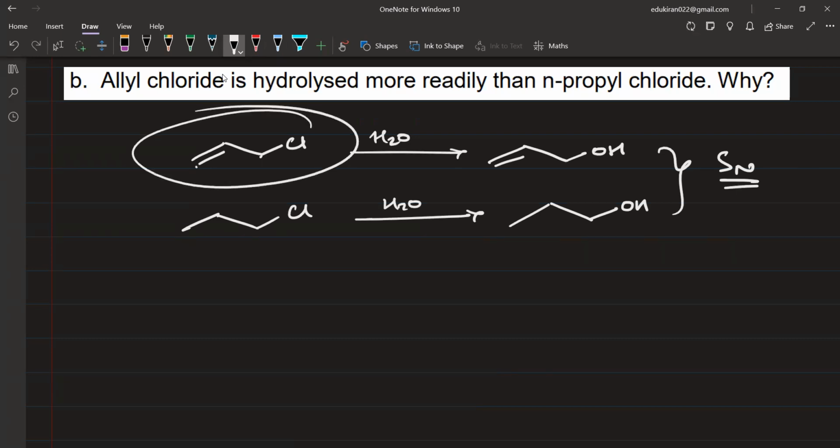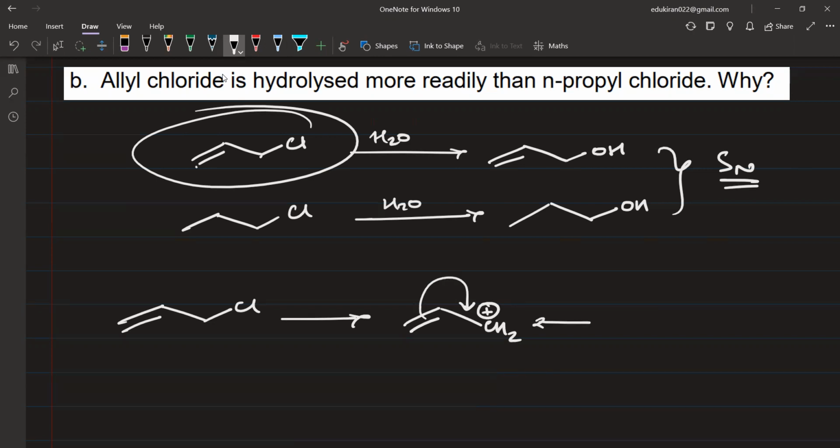Now, if you look at this particular allyl chloride, in SN1, the chlorine will leave, and you will get a positive charge here. This positive charge is going to be resonance stabilized. And since this is resonance stabilized, it is going to be stable, and that is why this reaction with allyl chloride is going to be faster. Is this clear? Yes or no? Please tell me, guys.